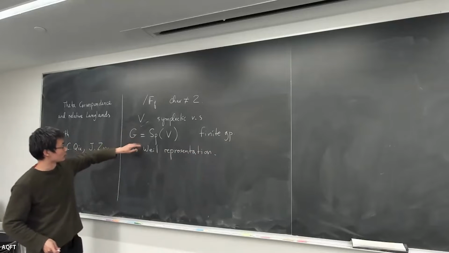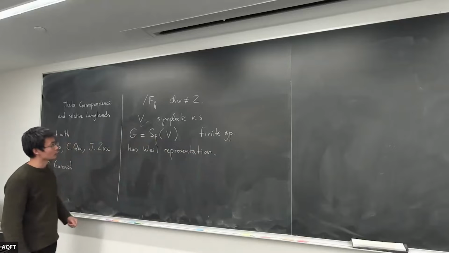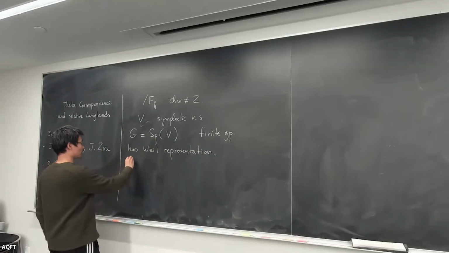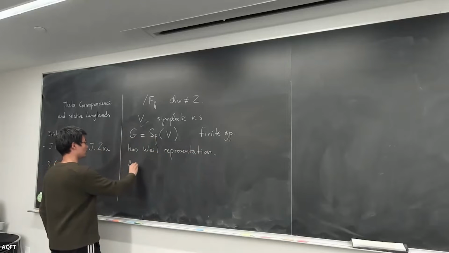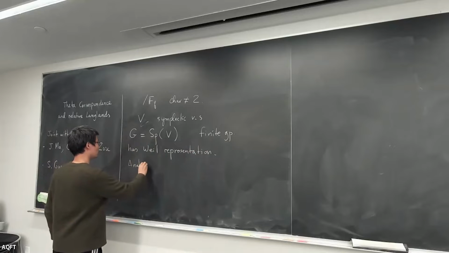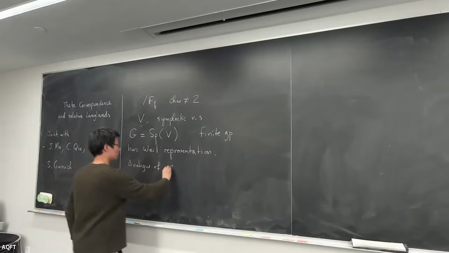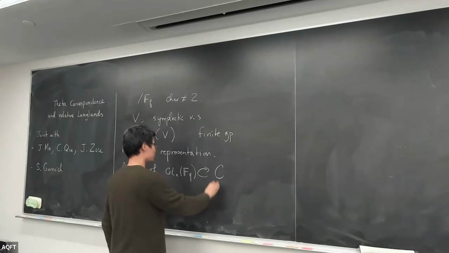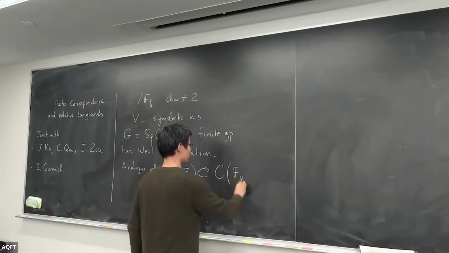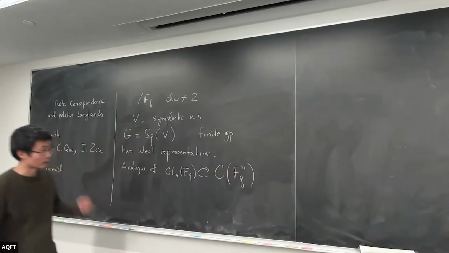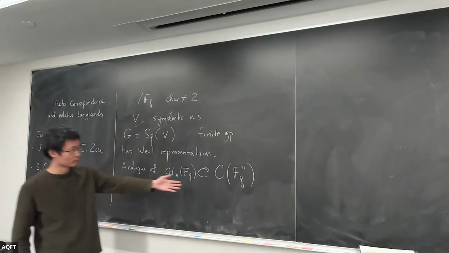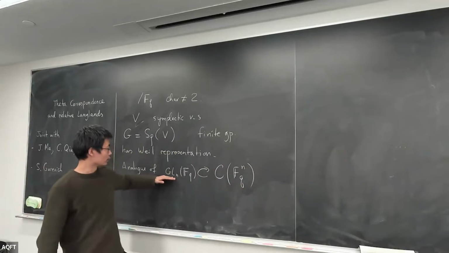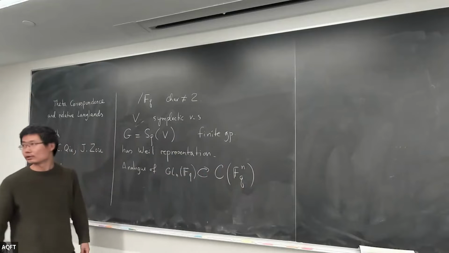If G was not Sp but a general linear group, the counterpart would just be GL_n(FQ) acting on functions on the standard representation. Here, for the n-dimensional vector space, for example with coefficients in C, GL just acts by the permutation representation.